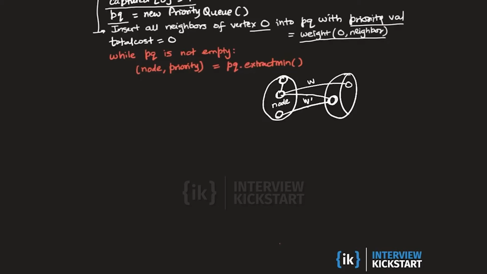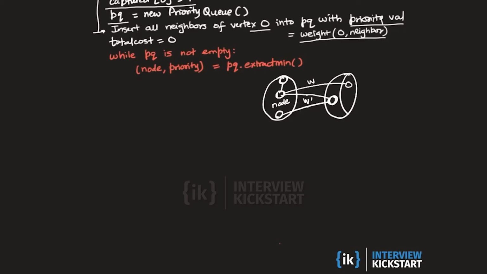But now that we don't have a decrease key operation, what are we going to do? Well, it seems that we have no choice now but to insert the same vertex multiple times in the priority queue with different priority values.